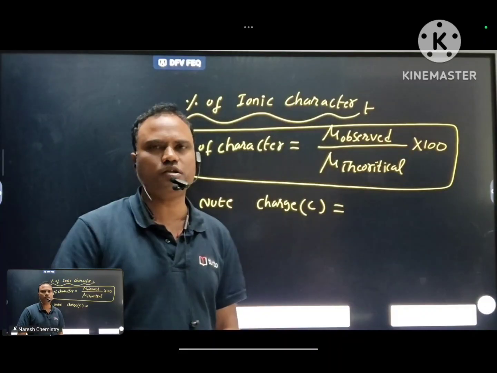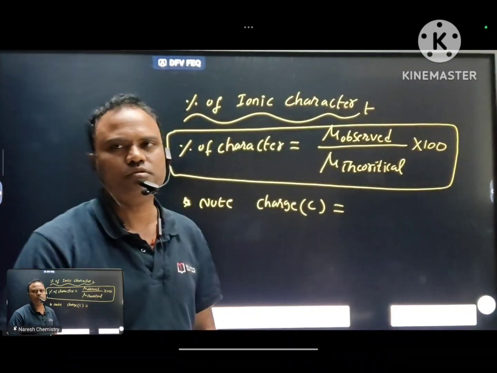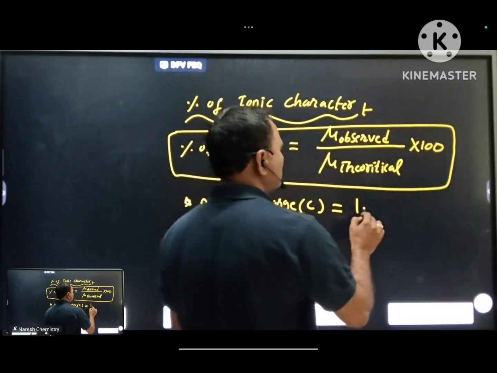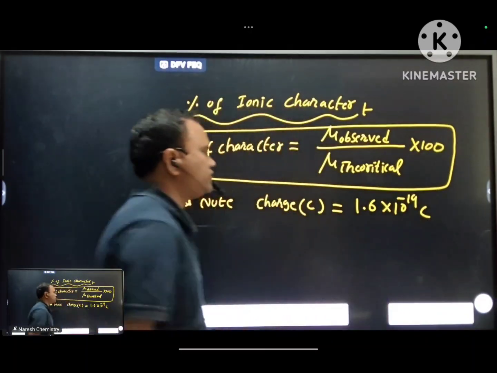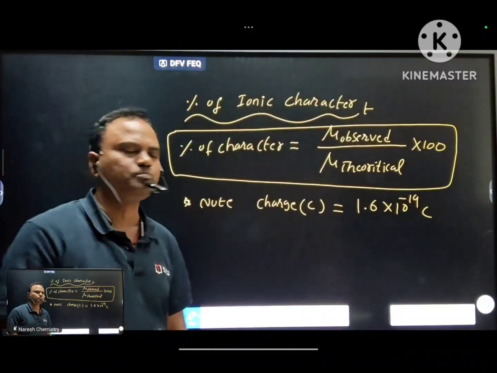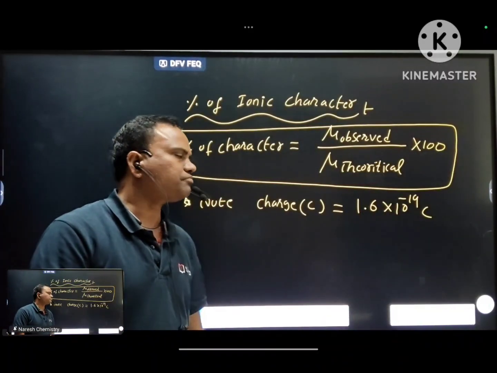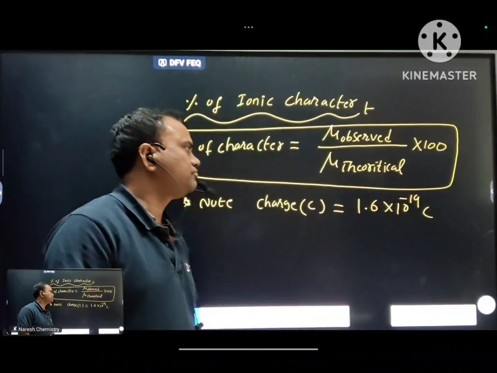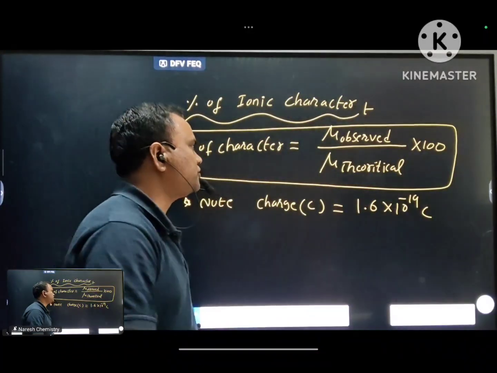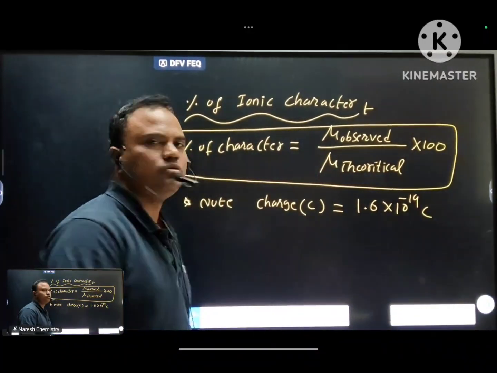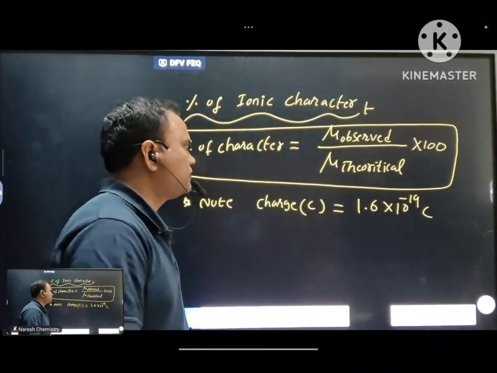So what is the charge on the particle? 1.602 into 10 to the power of minus 19 coulombs. We use this actually. Observed dipole moment by theoretical dipole moment into 100.